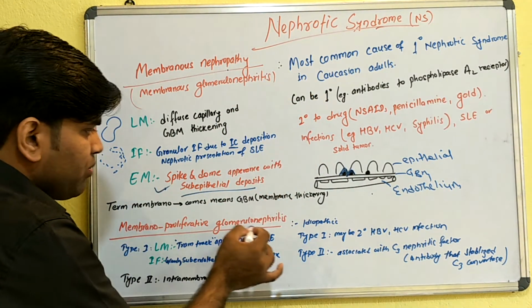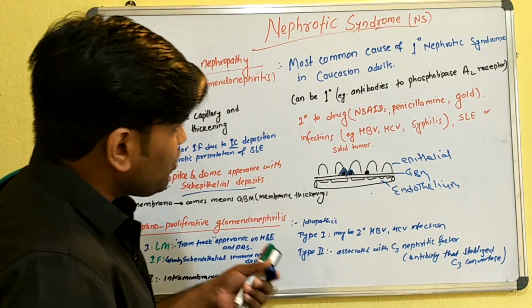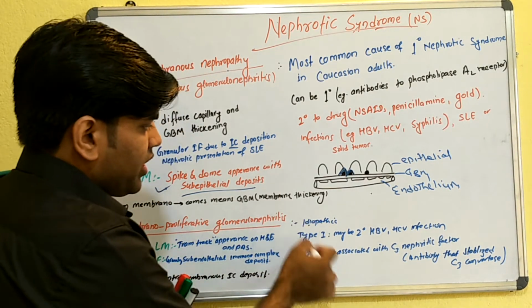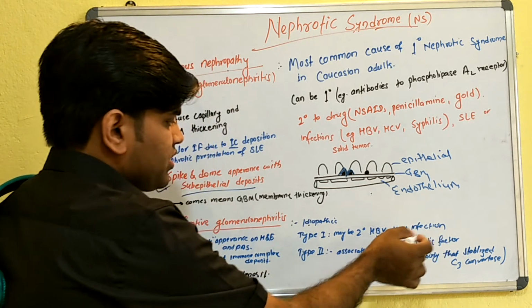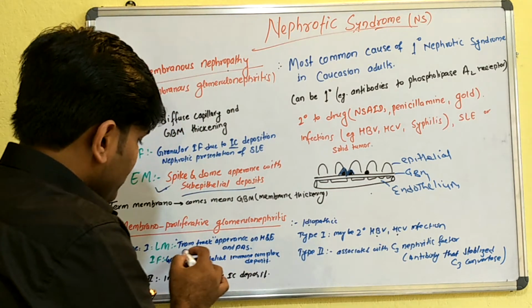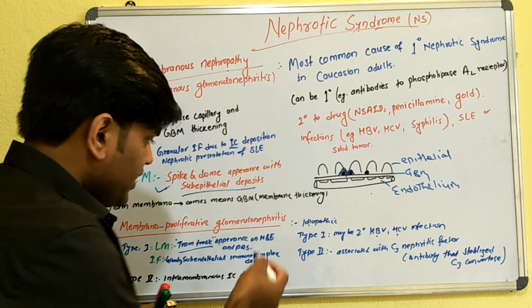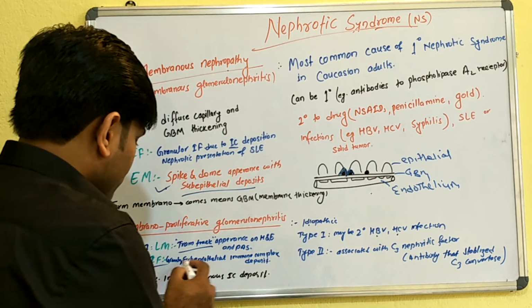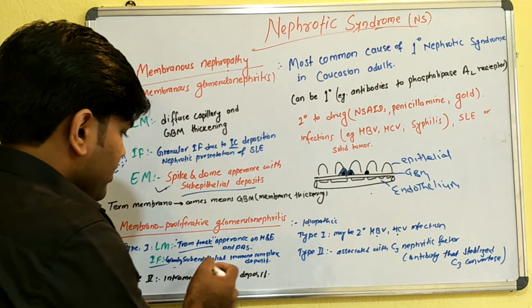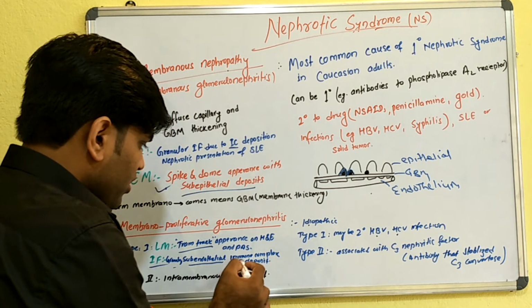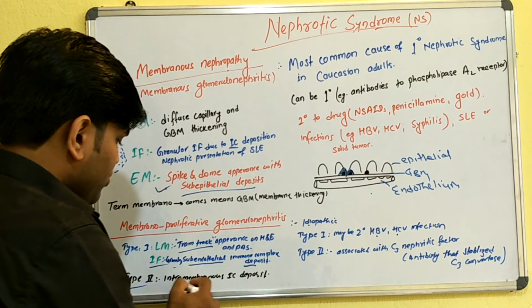Now membranoproliferative glomerulonephritis. We have already discussed this; it can be idiopathic, or secondary to hepatitis B and C infection. Okay, type 1 appears as a tram-track appearance on the H&E and PAS stain. Immunofluorescence will be granular, same as here. There will be subendothelial immune complex deposits, and type 2 is intramembranous.